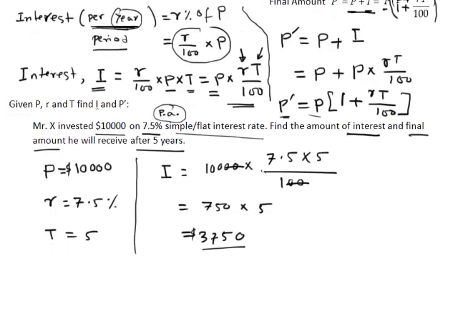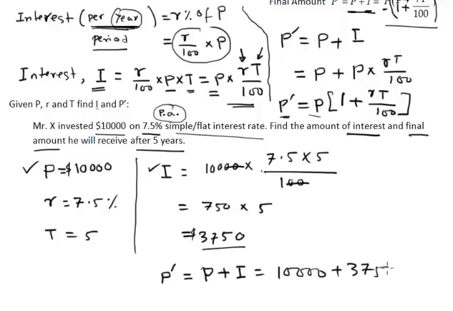So now what will be his final amount? Final amount P prime. Since we know the initial amount and we already calculated I, we will use P plus I as the final amount. So we are not going into this complex calculation. So P plus I, P is 10,000 and interest is 3,750.